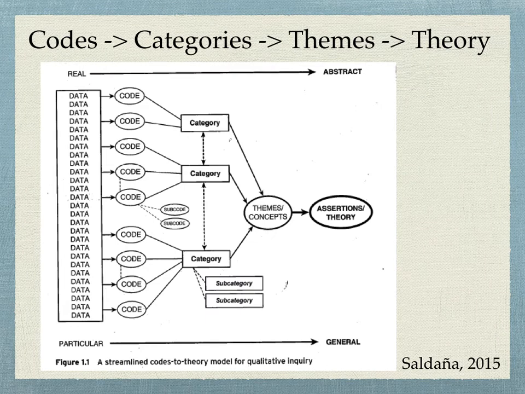And Saldana, in the reading from this week, describes this in depth, and this is an important reading for your next assignment and for understanding the process of qualitative analysis. So you're going from this large amount of data, pulling out specific parts of the text and coding them for specific things, and that allows you to build categories, then build themes that become theories.